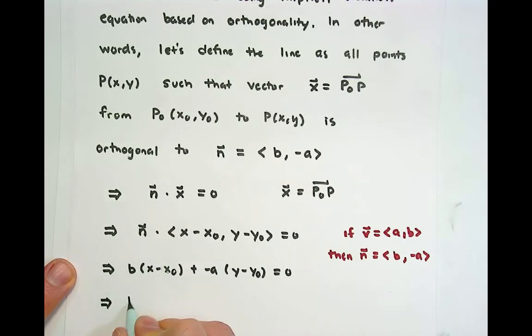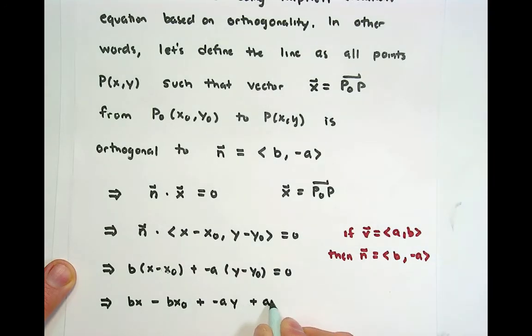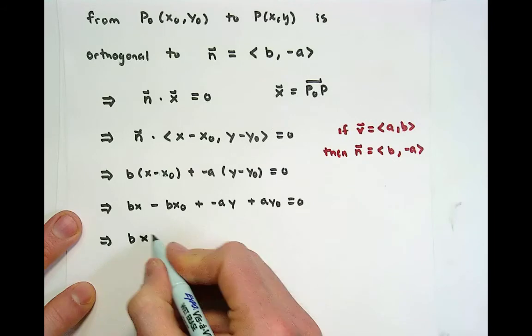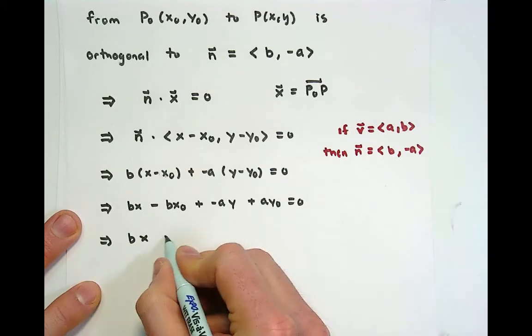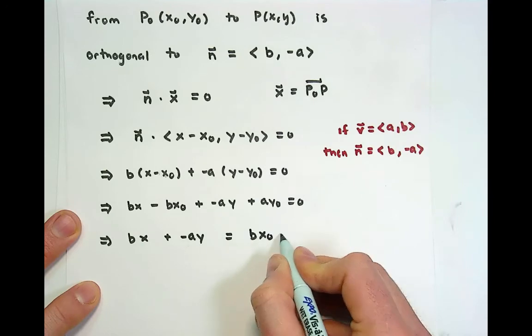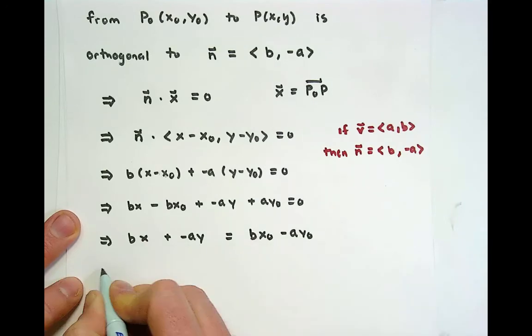And then of course we could distribute, so this would be bx minus bx naught plus negative ay plus ay naught equals 0. And then we could bring the constants onto the other side. So this would be bx naught minus ay naught.